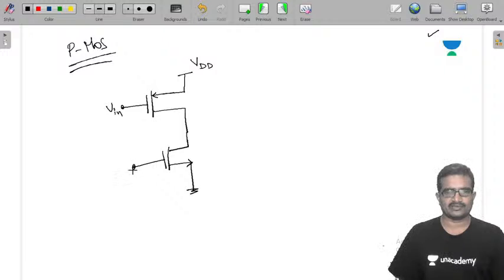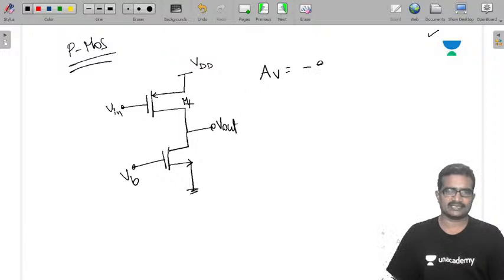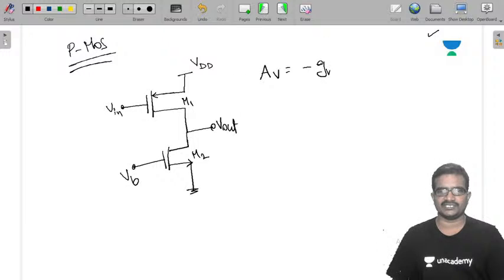This is the biasing voltage VB, and the output V output. Now the voltage gain of this one is, let us take M1 and M2 devices, the main device is M1, so it is minus gm1 into R02 parallel with R01.